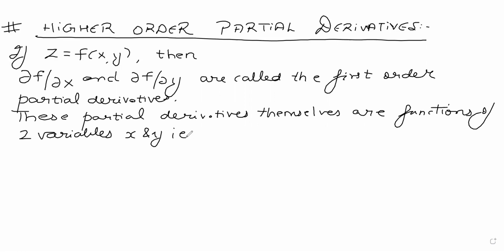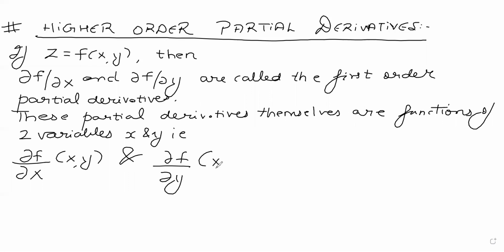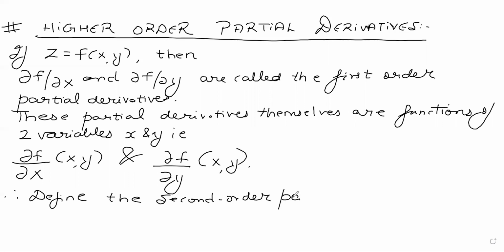That is, I can say that del f by del x itself is a function of x and y, and del f by del y itself is a function of x and y. So now therefore define the second order partial derivatives.